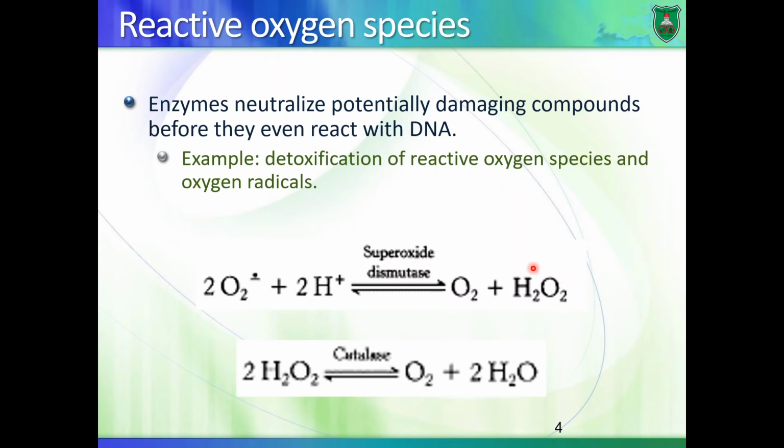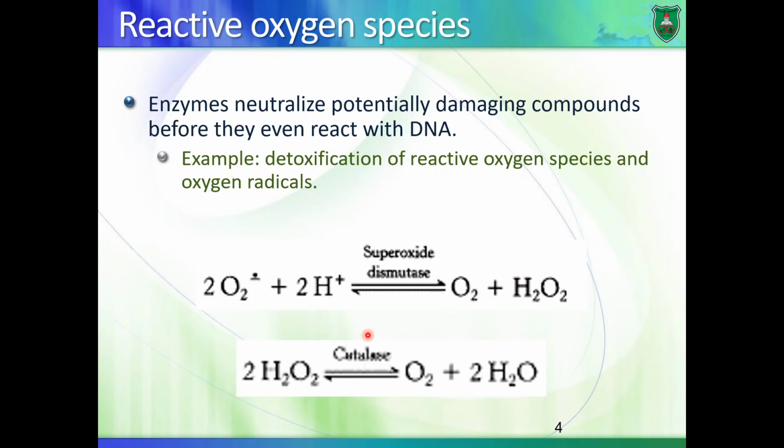It produces hydrogen peroxide. Hydrogen peroxide is a reactive oxygen species as well, so it is reactive. And so the first reaction is, superoxide molecules are removed by an enzyme known as superoxide dismutase. Once you have hydrogen peroxide formed, hydrogen peroxide is also removed enzymatically via an enzyme known as catalase.